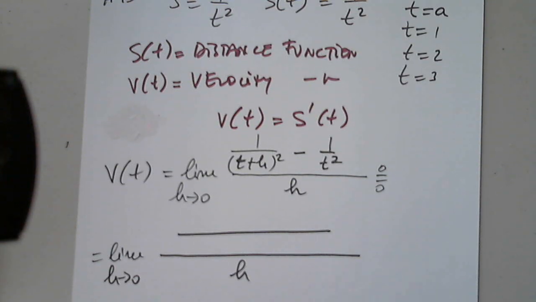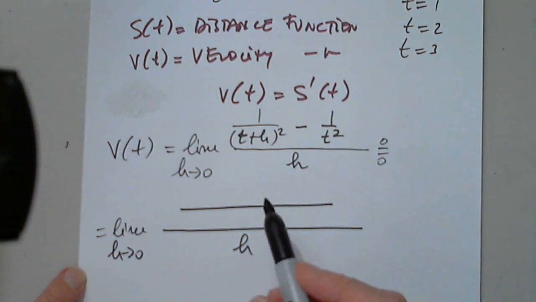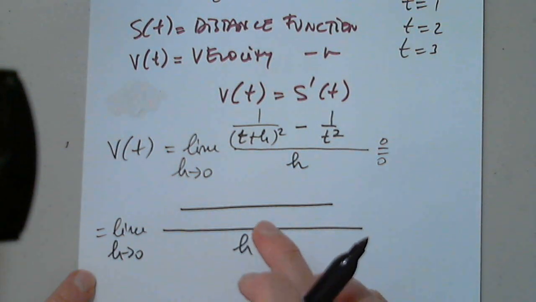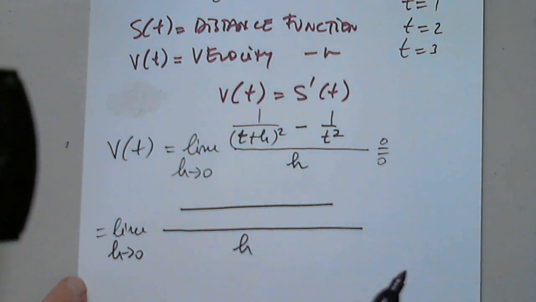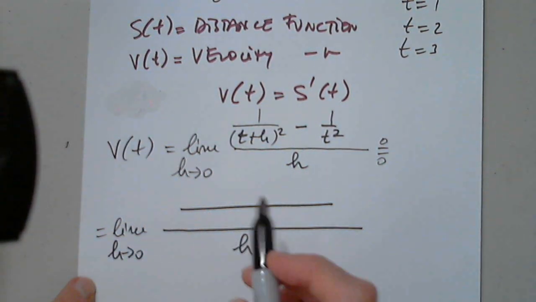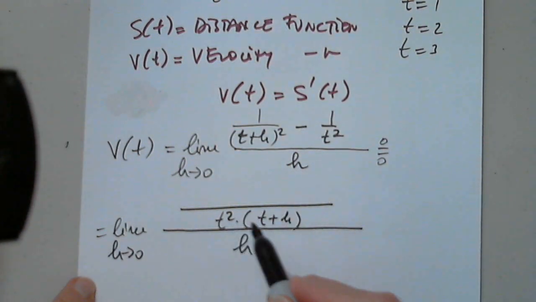How do I do that? The denominator cannot be a difference. The denominator must be a product. I cannot write the denominator as t plus h squared minus t squared. Oh, sorry, t squared of t plus h squared. Very good. T squared times t plus h squared.